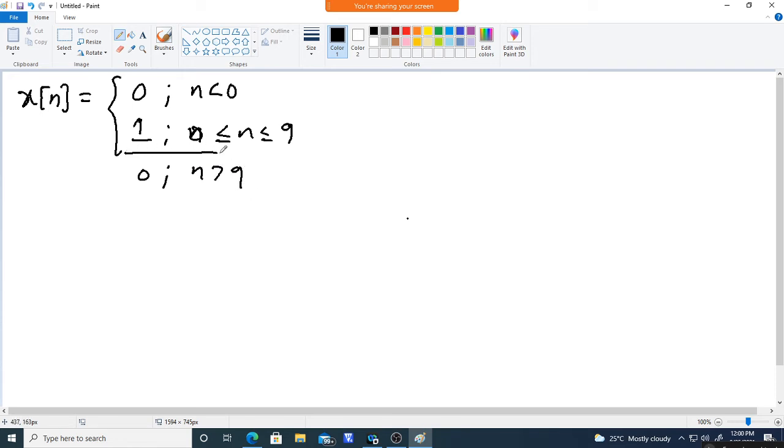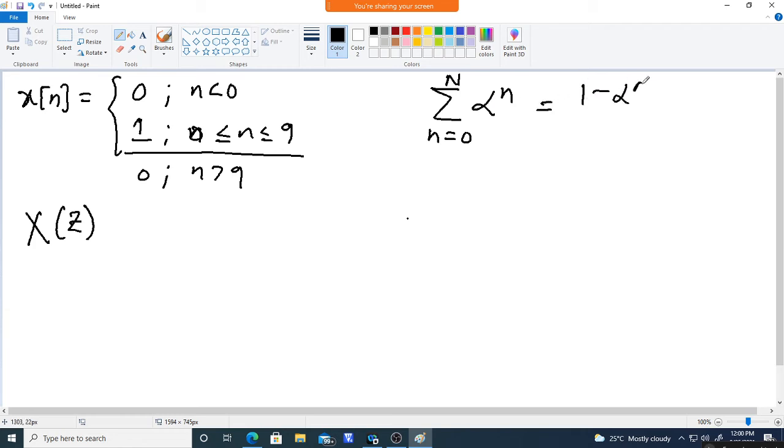The input sequence exists between 0 to 9, so now you can try to obtain X of z. For this you need to use the standard result: the summation from n equal to 0 to N minus 1 of alpha power n equals 1 minus alpha power N divided by 1 minus alpha.